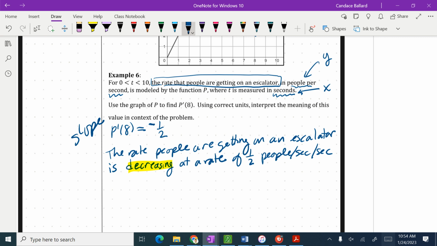If you want to write out per second, you can. I don't know why I wrote it with the slashes this time. I just did. All right. Remember, we're looking for nouns, units, time. Do we have the nouns? Do we have the units? What are we missing? Time. Okay, so at time t equals how many seconds this time? 8 seconds. I don't know why we used 8 both times, but it is what it is.